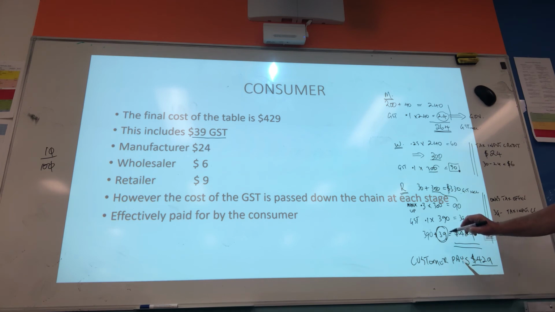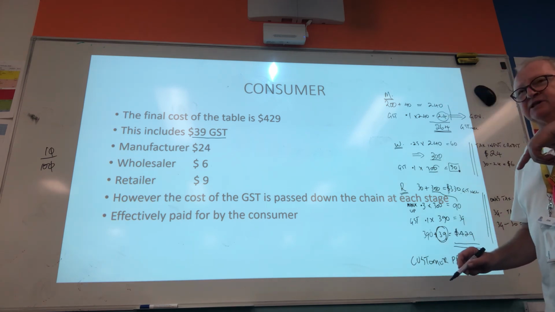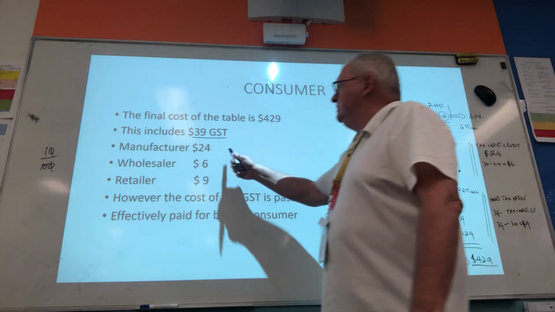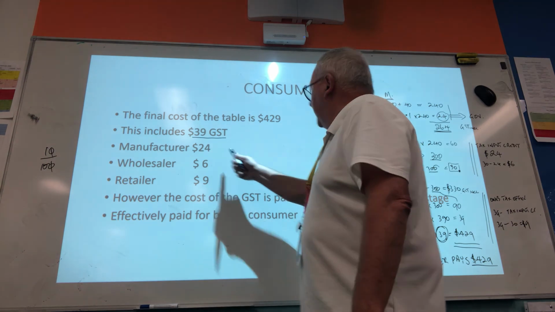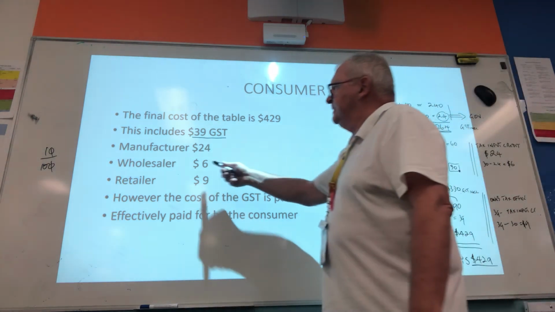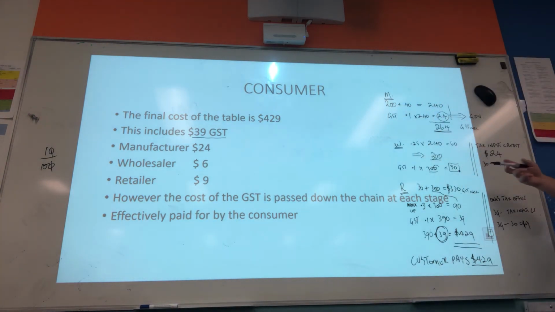Now, where does that $39 come from? Well, basically, you're the customer, I'm the customer, we're paying it. But the manufacturer had to put in $24 to the government. The wholesaler had to put in $6 to the government because they had to pay $30 and their tax input credit was $24 from the time before.